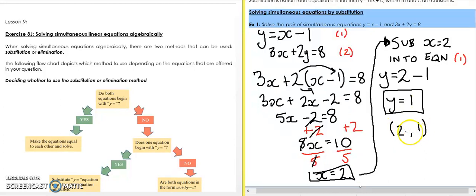And then when we substitute these sets of values into here, 3 times 2 is 6, and 2 times 1 is 2, meaning that 6 plus 2 gives us 8. So this set of coordinates checks out and it works. Okay?